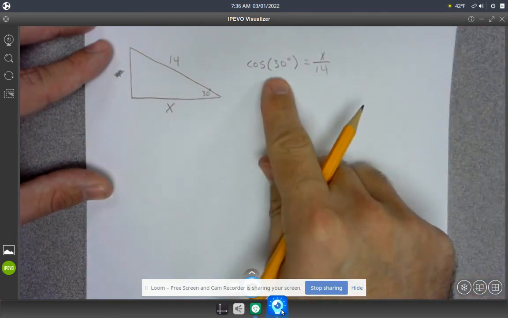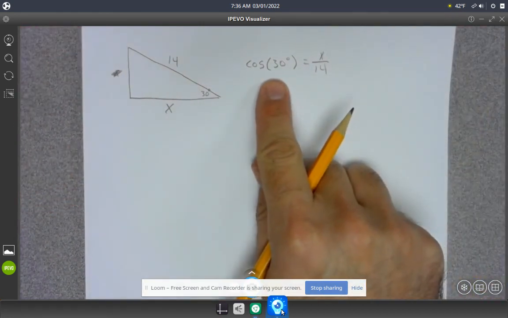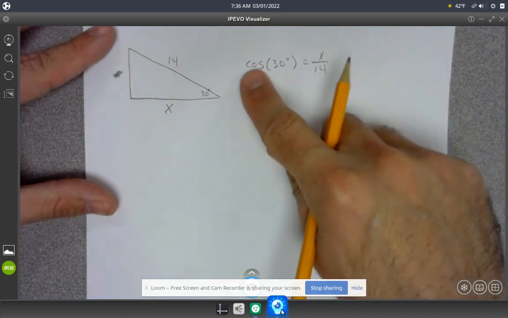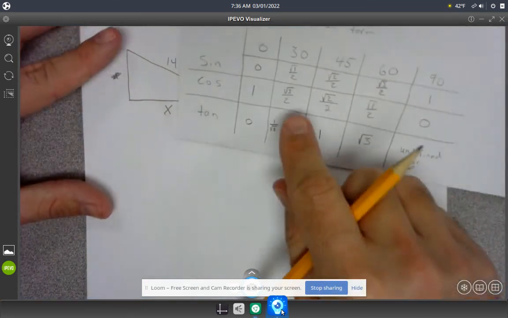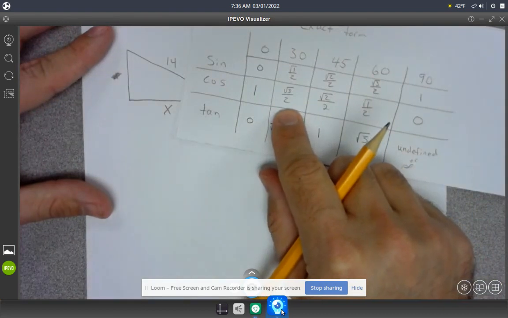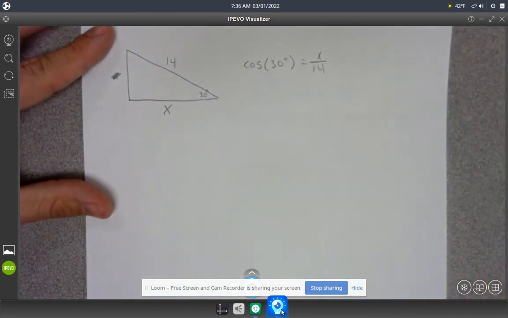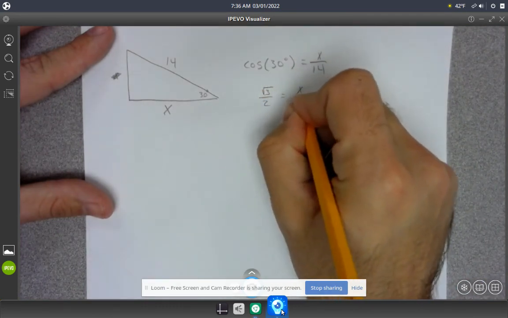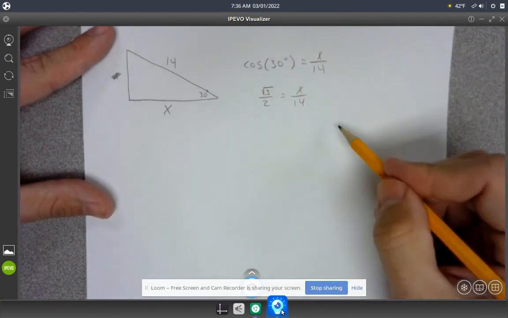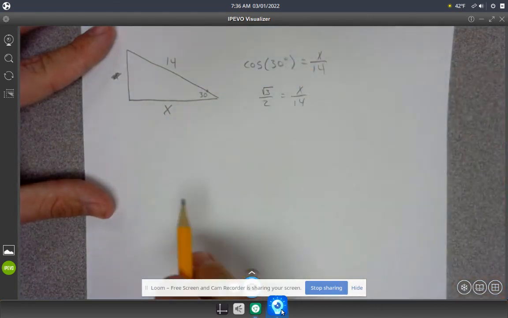Now, instead of typing this into the calculator to see what cosine of 30 is and just multiplying by 14, I'm going to write my answer in exact form. Cosine of 30 is root 3 over 2. So I got root 3 over 2 is x over 14. And now I can just multiply by 14 or cross multiply.